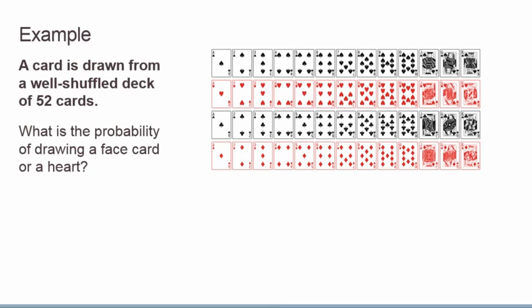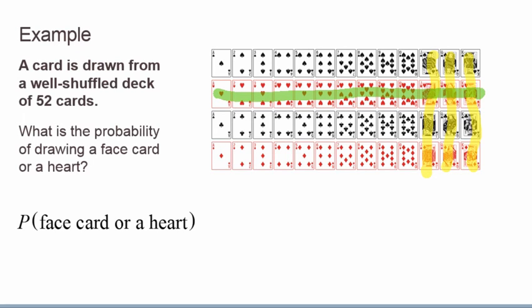Example. A card is drawn from a well-shuffled deck of 52 cards. What is the probability of drawing a face card or a heart? We have 12 face cards, 4 jacks, 4 queens, 4 kings. We have 13 hearts. So setting up our problem, we start with the probability of a face card or a heart. The probability of a face card, 12 over 52.